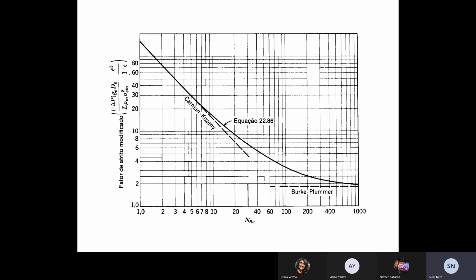Suppose the bed is no longer perfectly packed, but above an incipient or a critical flow velocity, the bed starts expanding. Then what will happen to this curve?